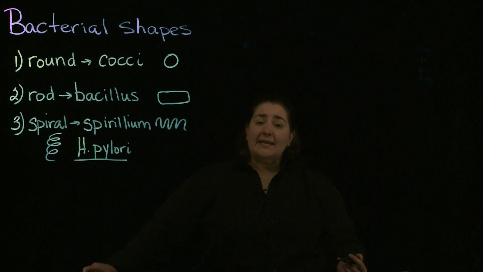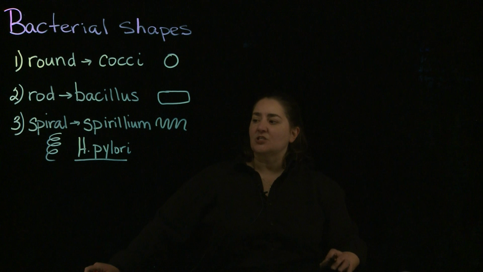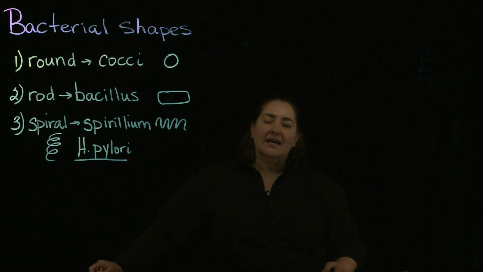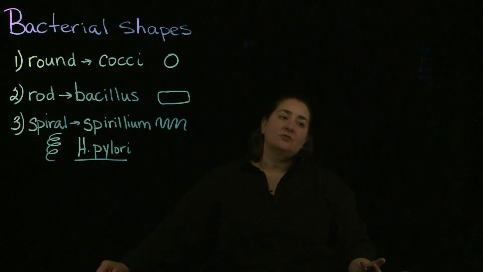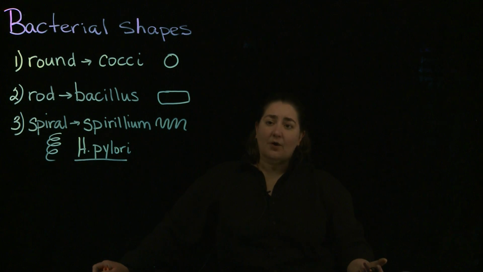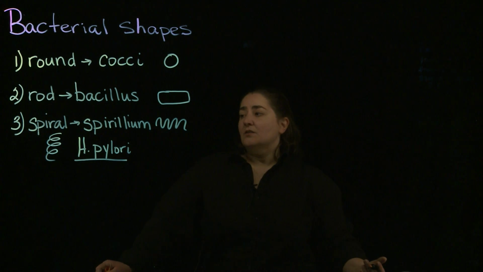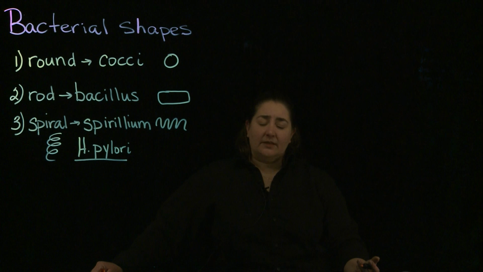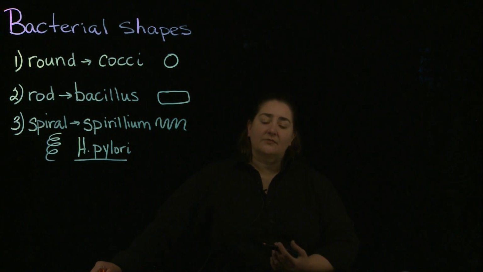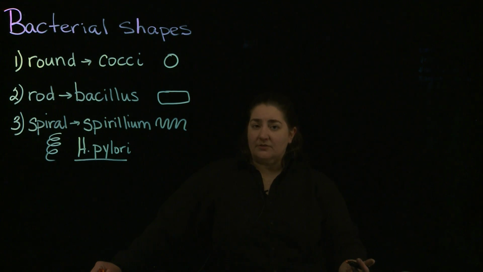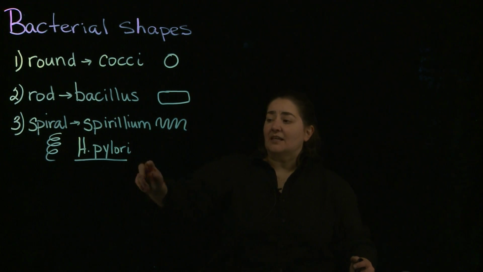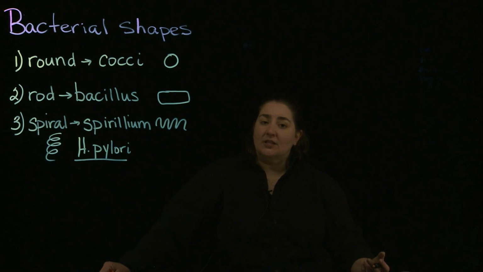Remember, when you're writing out bacterial genus and species, you either need to italicize that, and I have a hard time writing in italics, or if you don't italicize it, then you need to underline it because it is a proper name. H. pylori is a bacteria that can be found within the stomach, and it causes ulcers. So H. pylori would be an example of a pathogenic bacteria. Pathogenic meaning it makes you sick.